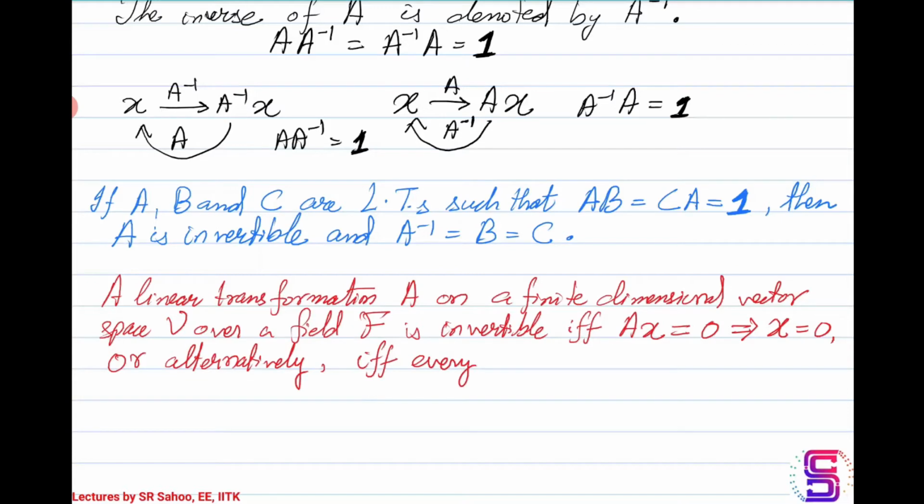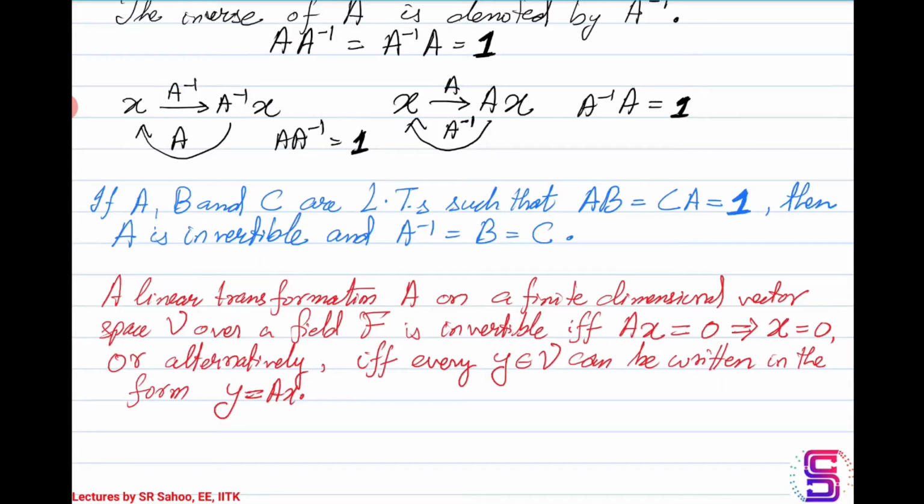Okay. Alternatively, what you can do is check this. If every vector in this vector space can be written in the form y equal to Ax. So essentially this means that for every vector in the vector space, you should have a corresponding vector so that y is the same as the transformed vector.